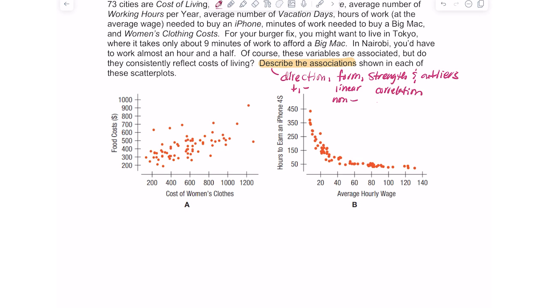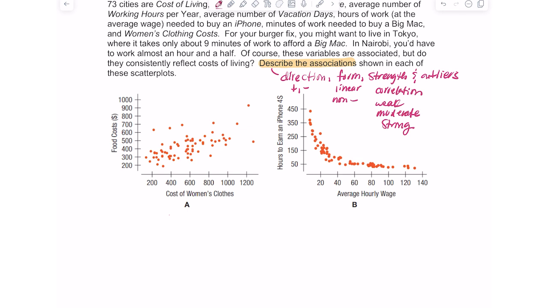And the association needs to be a linear association to make it important. But for right now, for strength, we're going to look at, does it have a weak association? Is it moderate? Or is it strong? And all of that relates back to correlation.